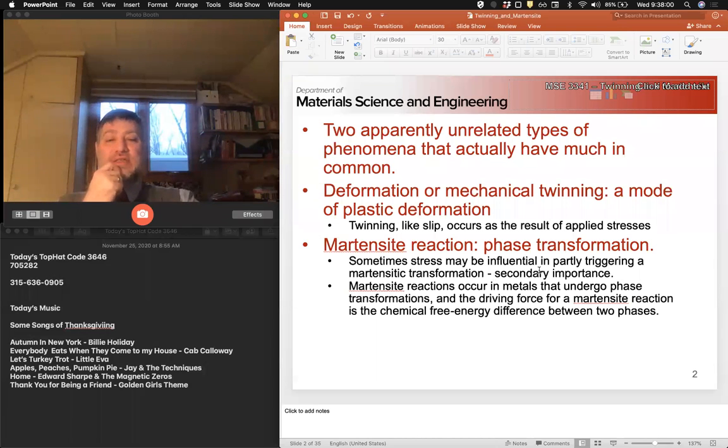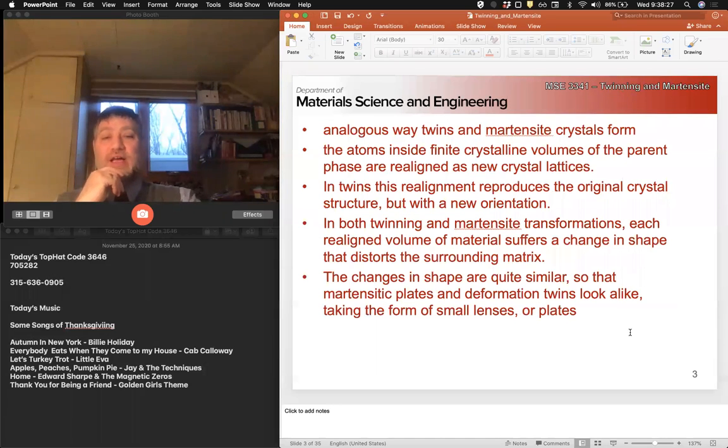Sometimes stress is influential in triggering the martensite transformation. Okay, but primarily it's a chemical driving force. It's the reduction of free energy between two phases. But the actual sort of atomistic mechanisms are very closely related.